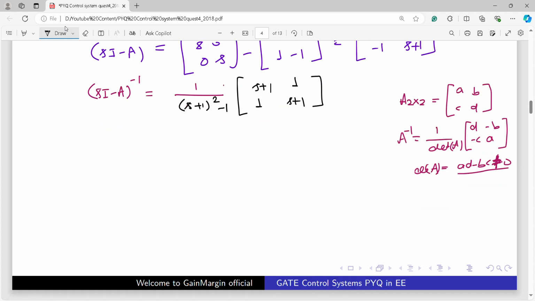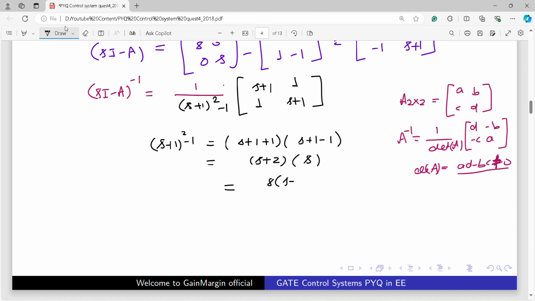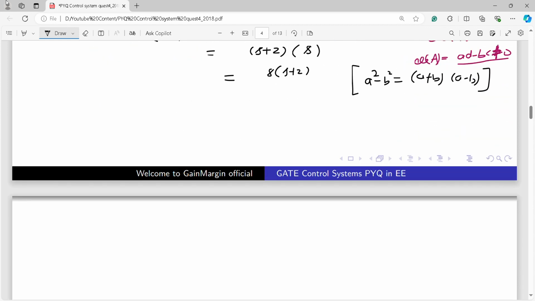Let me simplify further. So s square minus 1, we can also write s plus 1. All right, I'm applying this formula. Simple. All right, hope you understood.